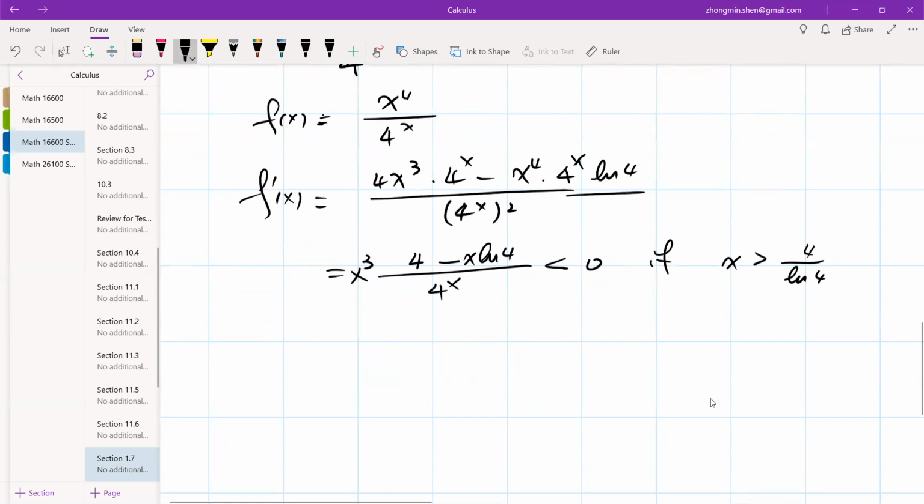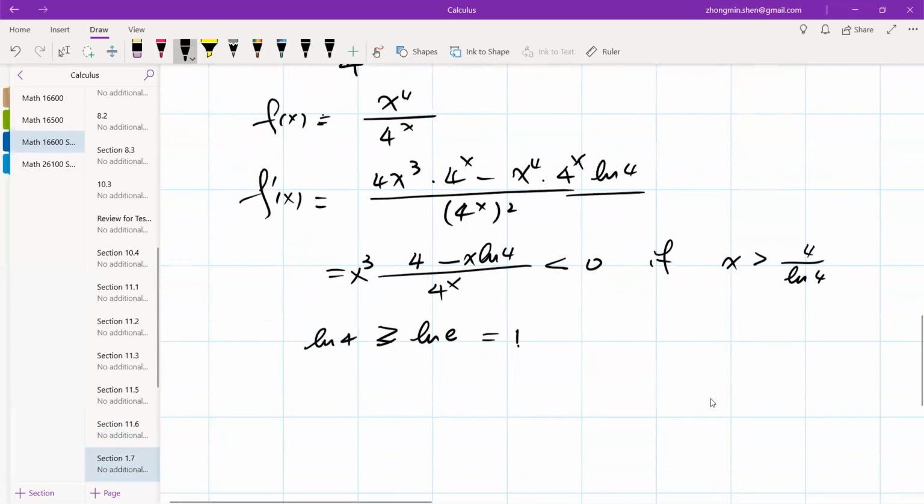Since 4 is greater than e, natural log of 4 is greater than natural log of e, which is 1. So natural log of 4 is greater than 1.